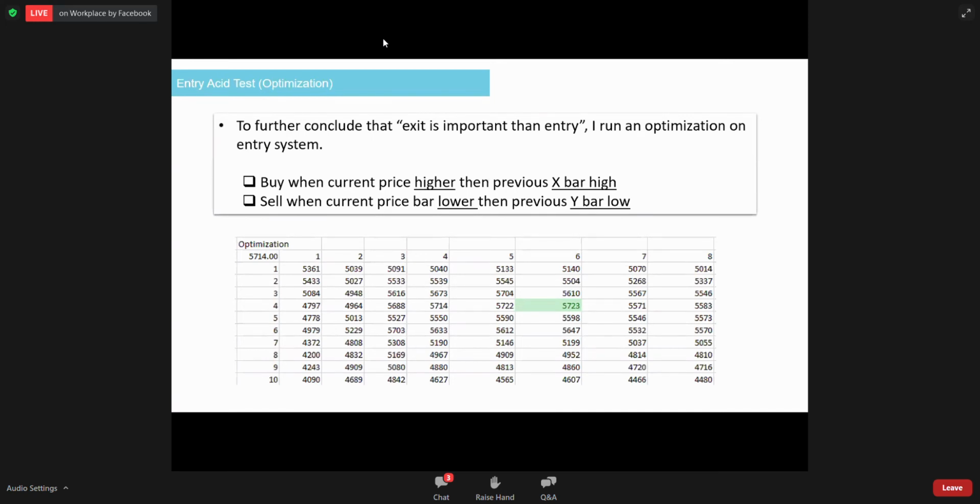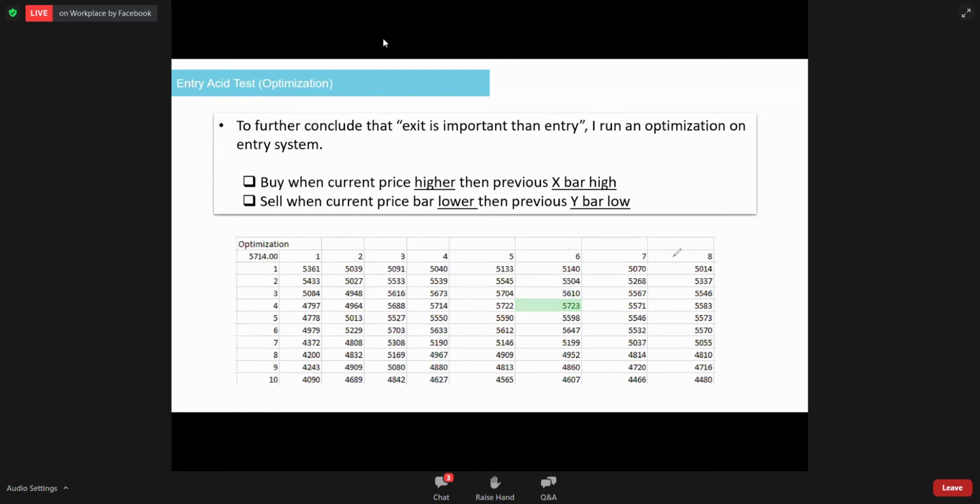So this result is another angle to look at: the exit is more important than the entry. So why are we using 4 bar high, 4 bar low, and why not 5 bar high to 2 bar low, or 7 bar high to 6 bar low, things like that. So this actually answers that.